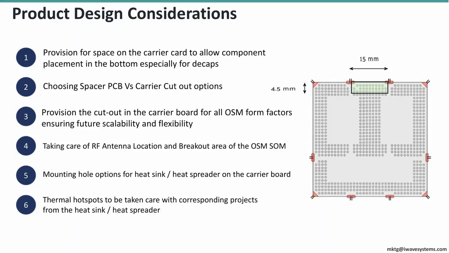Not only that, you can have a cutout for all the 3 areas, so that you have complete scalability and flexibility. And the specification also defines a smaller area for the RF area where you can bring out your RF antennas. The module size is very small, so you have very few options. Once you put in a processor, memory, and power management, you are left with very, very little space.